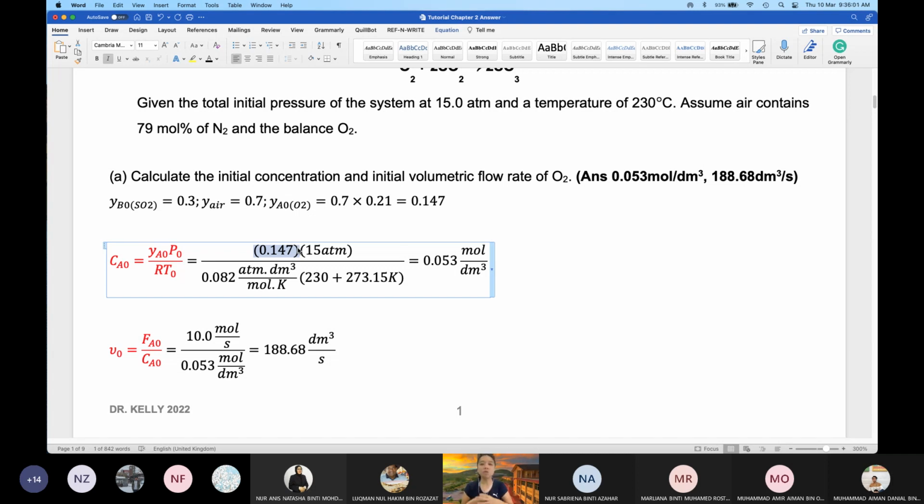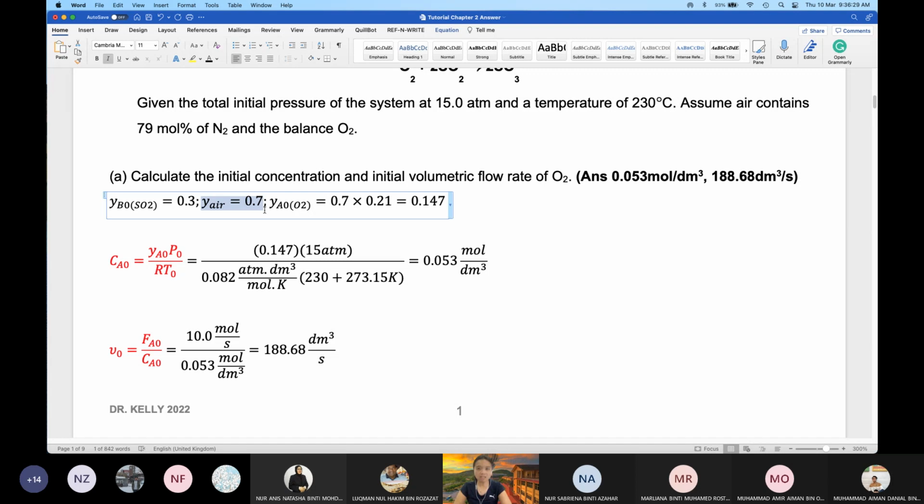So bila kita nak kira mole fraction oxygen gas, which is YA0, kita kena kira berapa fraction dia terhadap keseluruhan sistem which includes the SO2. So how do we calculate this? Okay, so first of all, you know SO2 punya mole fraction 0.3, 30%. Therefore, air punya mole fraction 0.7, 70%.